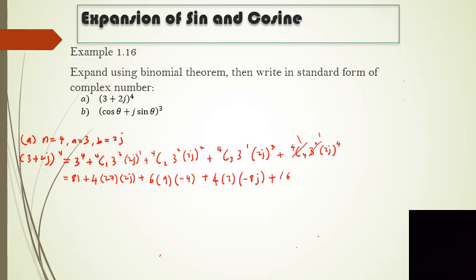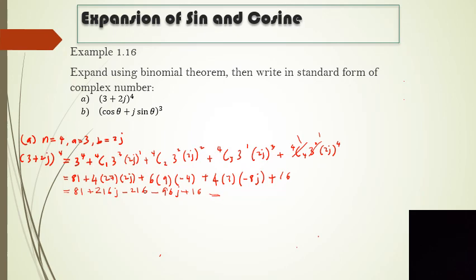So you can simplify it: 81 plus 216j minus 216 minus 96j plus 16. And then you can group the terms: a is the terms without j, b is the terms with j.